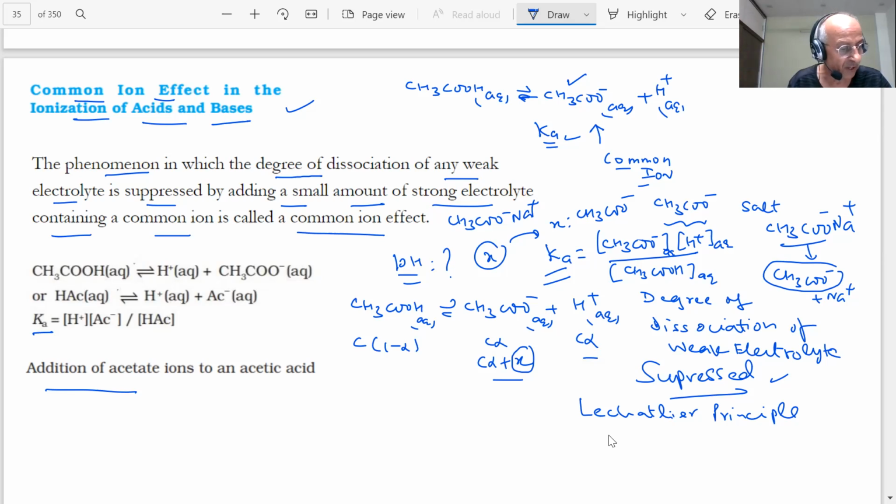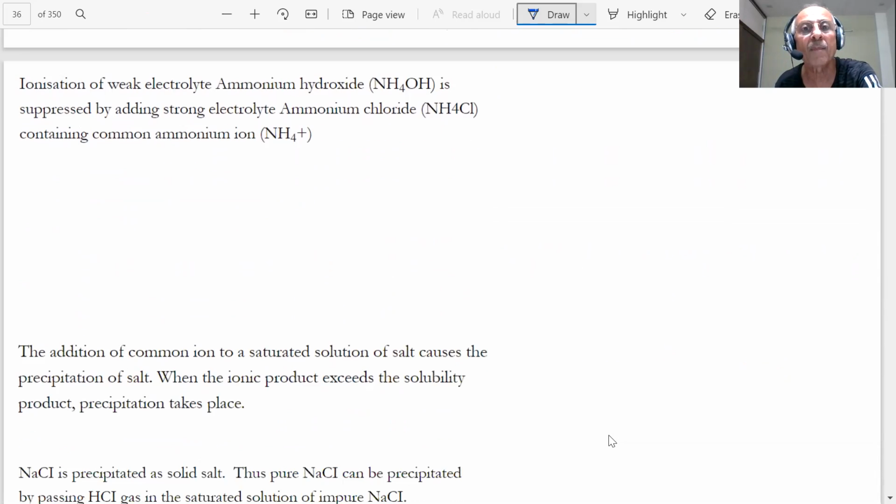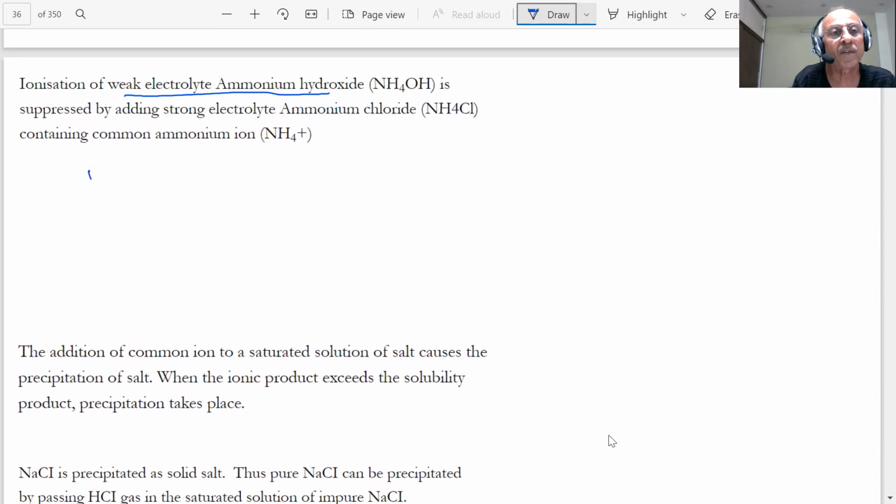Common ion effect, students. And you know where and how it is used in chemistry. If I take a base, for example, ammonium hydroxide, it is a weak base. It will dissociate to produce ammonium ions and hydroxide ions.